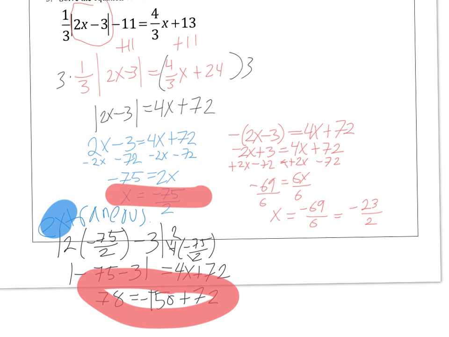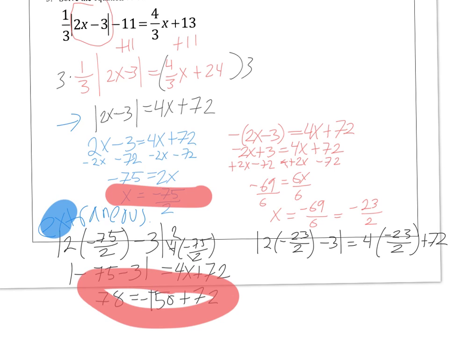Looking at my other solution, I've got to plug this one in too. So I'm going to use the same version. So let's write the absolute value of 2 times negative 23 over 2 minus 3 is equal to 4 times negative 23 over 2 plus 72.